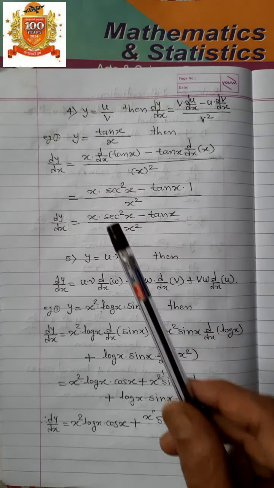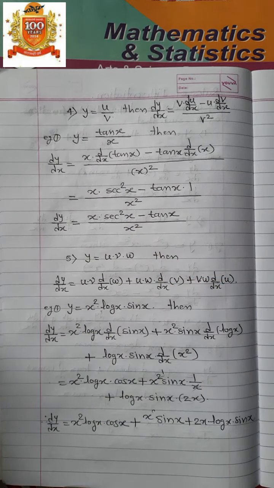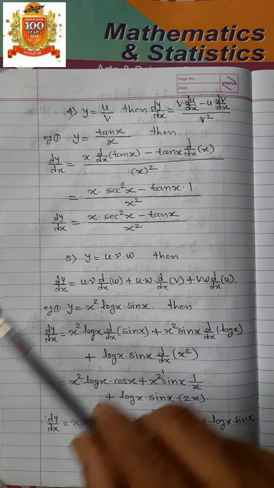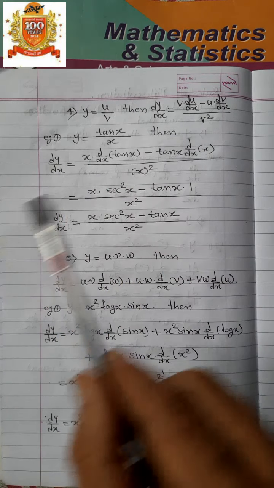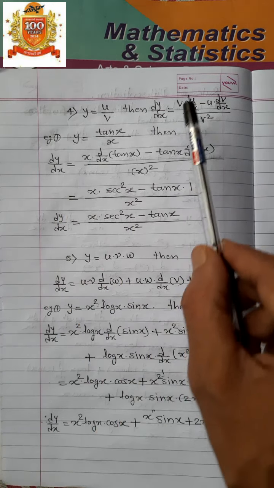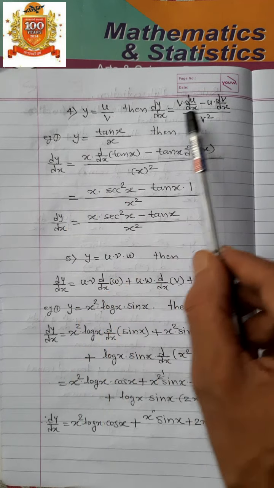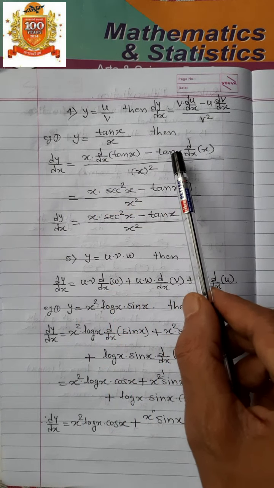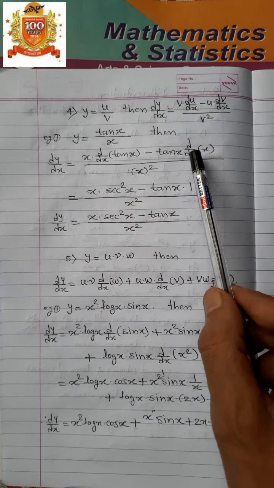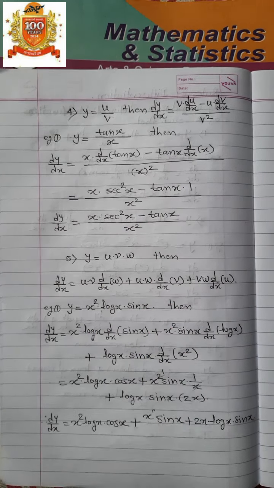Let us see one example. If we have y is equal to tan x upon x, then find dy by dx. Here u is equal to tan x, v is equal to x. Put the values. dy by dx is equal to x into derivative of tan x minus tan x into derivative of x upon x square.